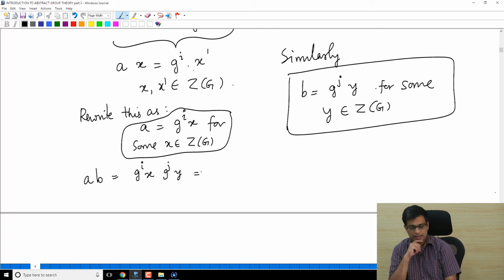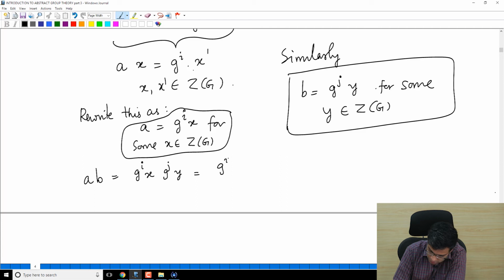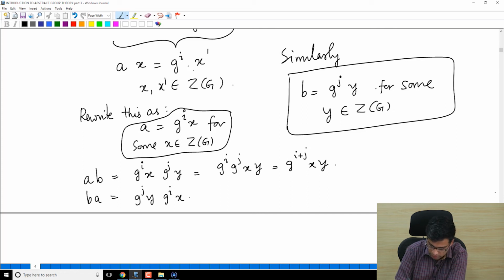But now what are x and y? x and y are in the center, so they commute with everything. So this is the same as g power i, g power j x y. This is g power i plus j x y. On the other hand, what is BA? This is g power j y, g power i x.